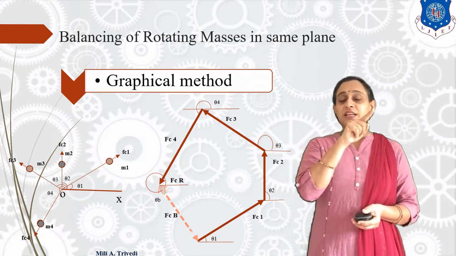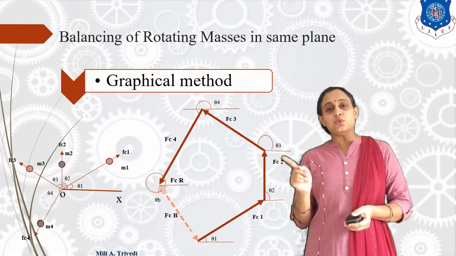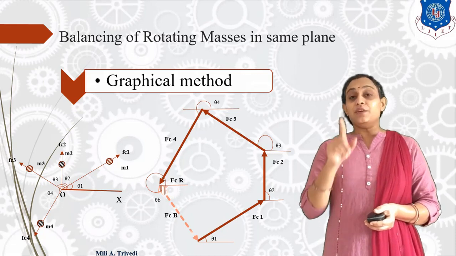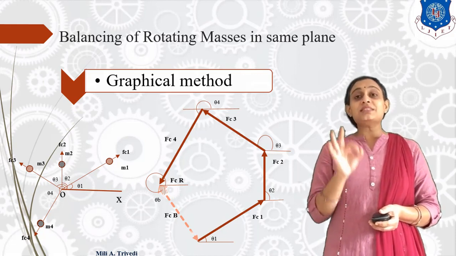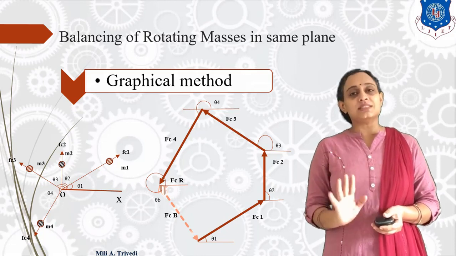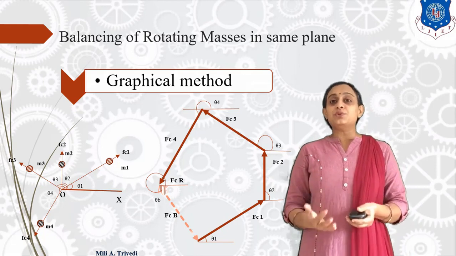Same as FC3 will start from the head of FC2. And then if the polygon is closed, the system is balanced. If the polygon is open, the system is imbalanced. And if the system is imbalanced, we need to balance it. Clear?